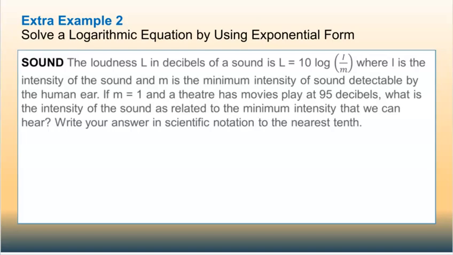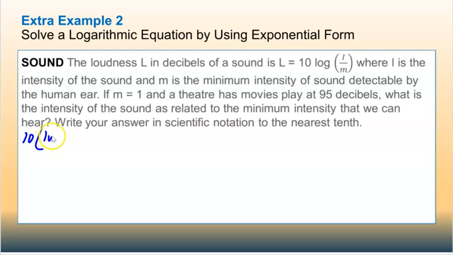So I'm going to substitute some numbers in for L and for M, and I'm going to flip this around to make it a little bit easier to solve. So I have 10 times, and I'm going to separate the log of I divided by M as a subtraction. When I expand it for division, I write it as a subtraction.